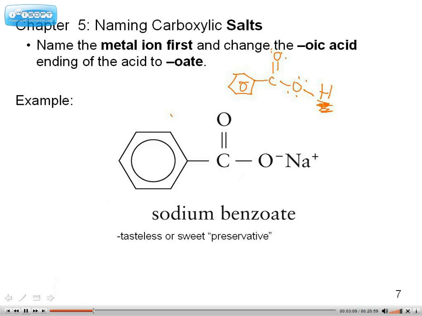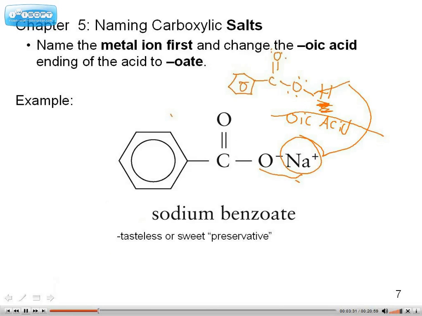So originally, it was going to be oic acid. Now we're going to cut this off, and we're going to add in a sodium. The minute we do that, it's no longer oic acid.